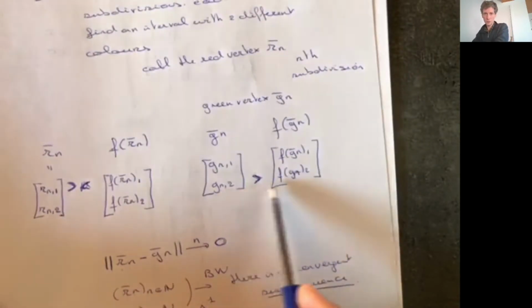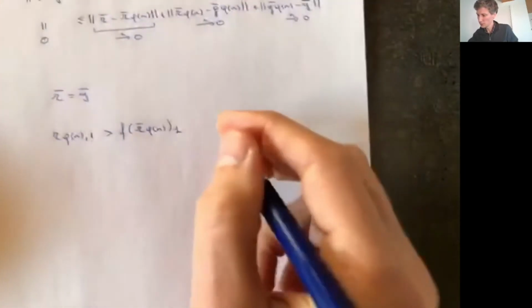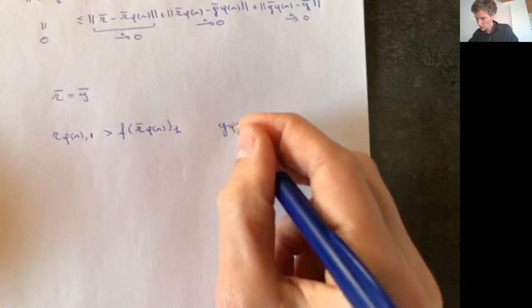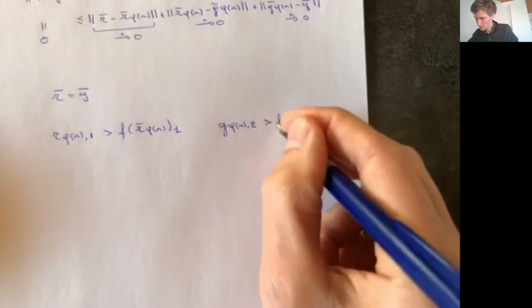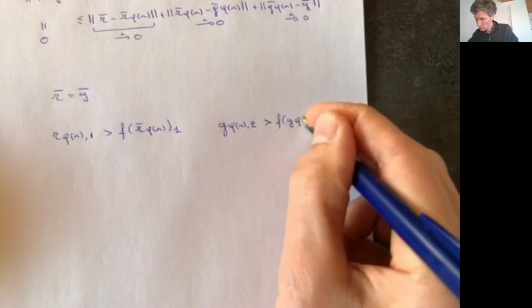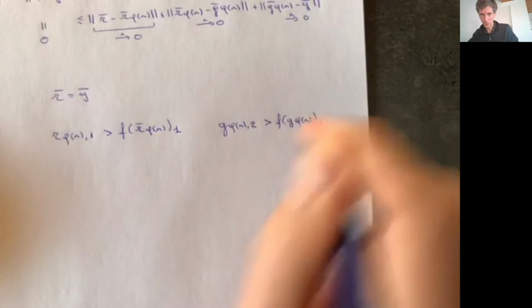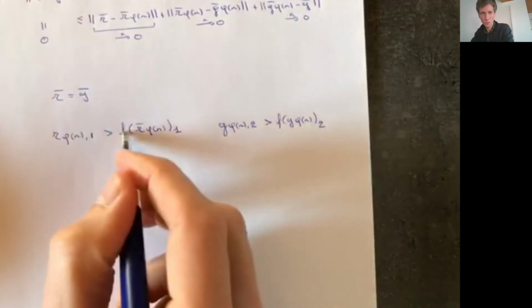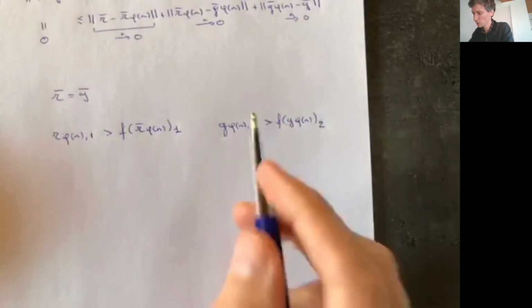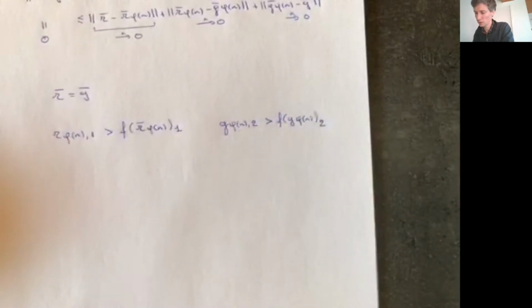The g phi n's are green, so g phi n, the second component, is greater than f of g phi n, the second component. These are the inequalities because this is red, we colored it in red, and this is green. It has the green color.